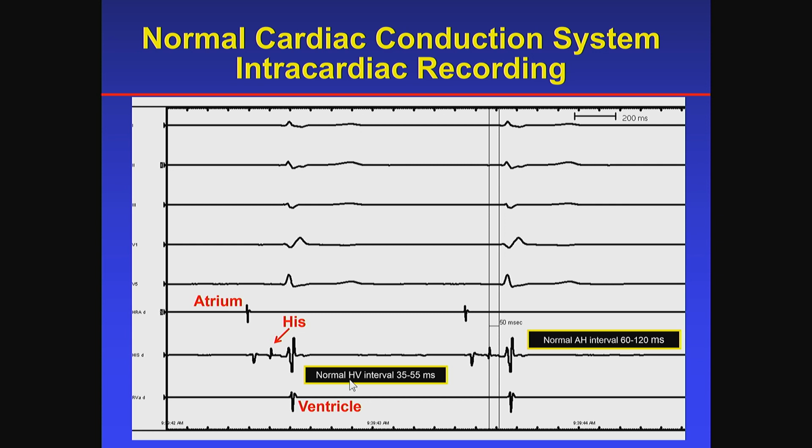A normal HV interval is 35 to 55 milliseconds, and a normal AH interval is 60 to 120 milliseconds. The recording at the bottom is recorded from a right ventricular apical catheter, and this is therefore a ventricular electrogram recording.